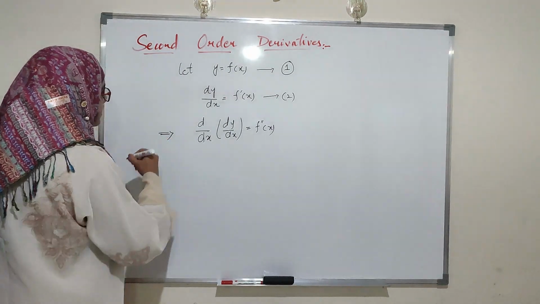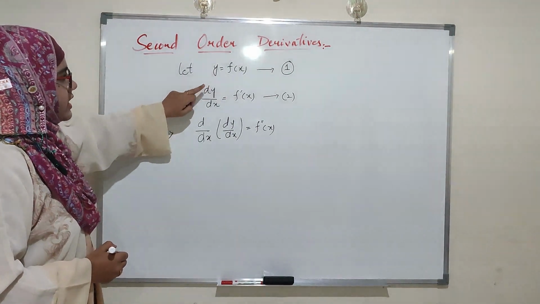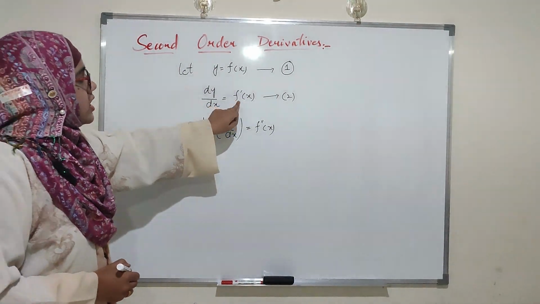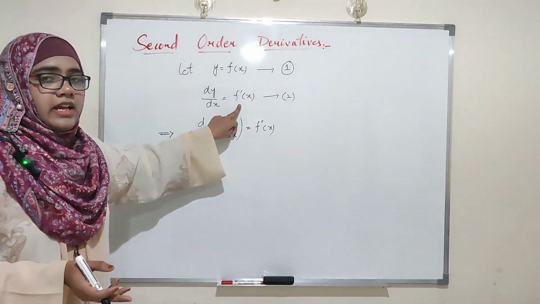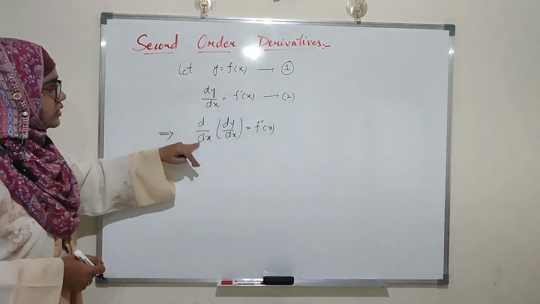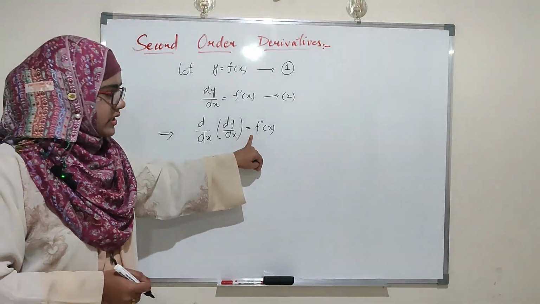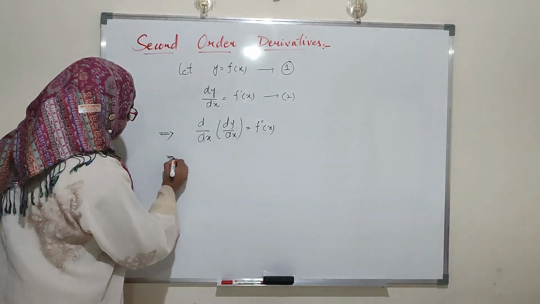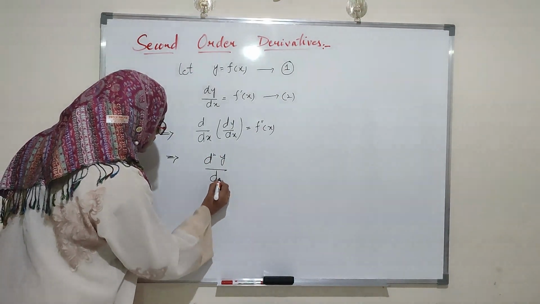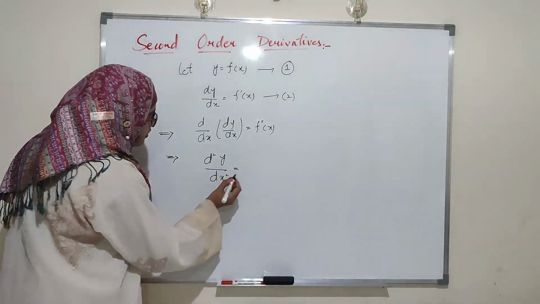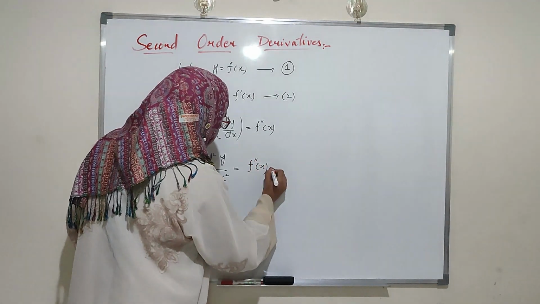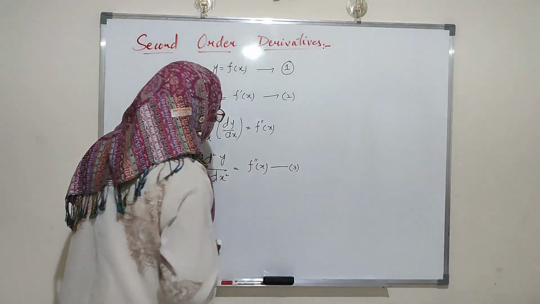If f dash of x is again differentiable, we may differentiate equation 2 again, then we get d by dx of dy by dx is equal to f dash of x. Now this implies d2y by dx square is equal to f double dash of x. Name this one as equation 3.